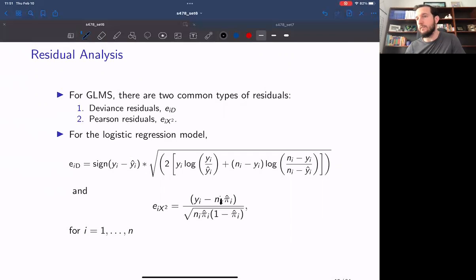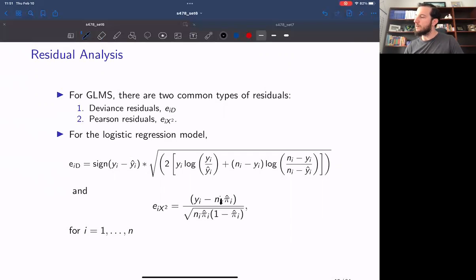So these are the values that we had seen when we introduced the chi-square value earlier on. If we square each of these terms and add them together, we would end up with the x squared statistic.